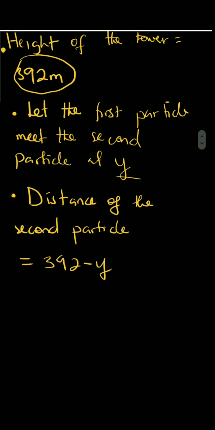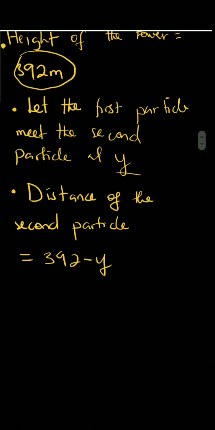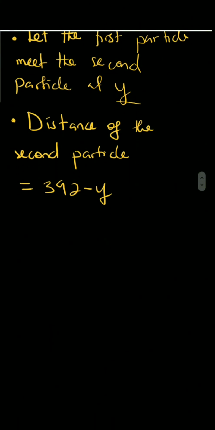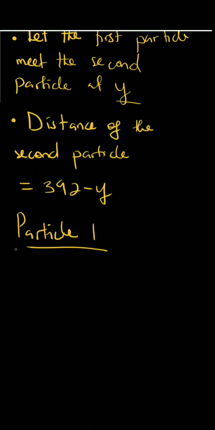So let's see how we go about it. We first calculate the values for the first particle, particle 1. Particle 1 is moving at an initial speed of 98 meters per second.